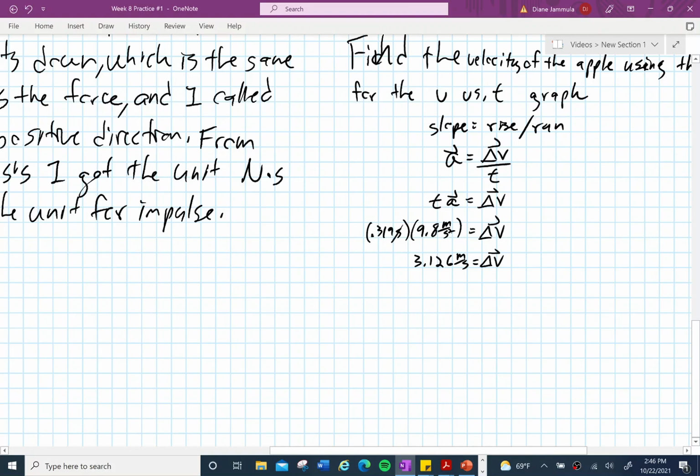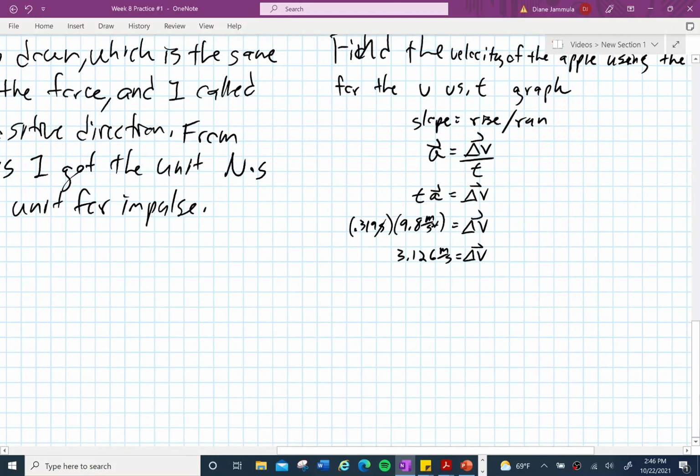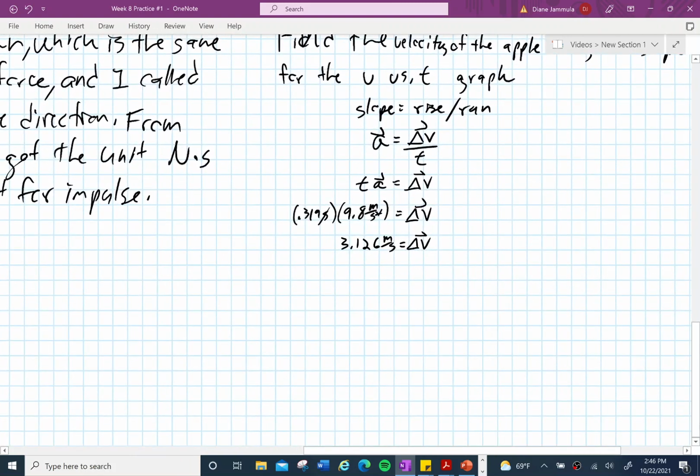I'll do some unit analysis. That second went away. And because the initial velocity was 0, this would be the final velocity. This would be the velocity of the apple after dropping 0.5 meters.